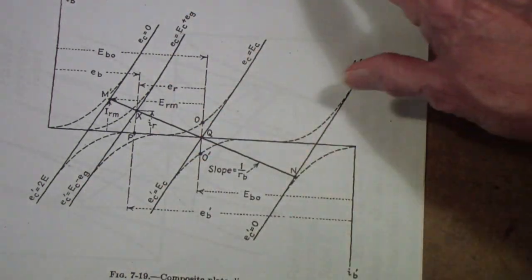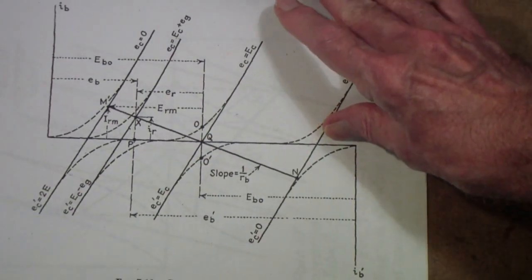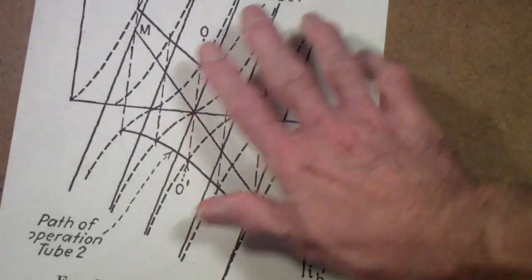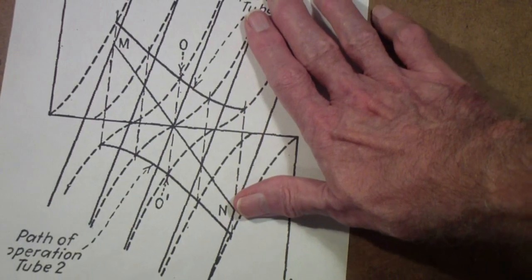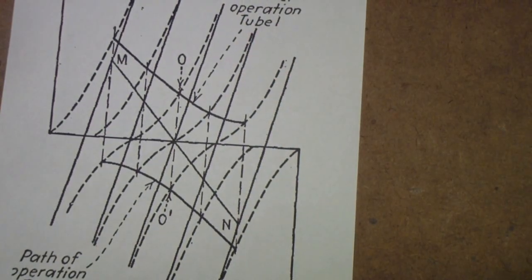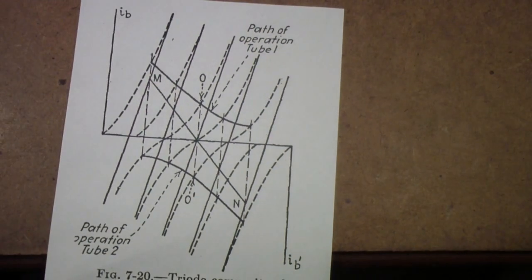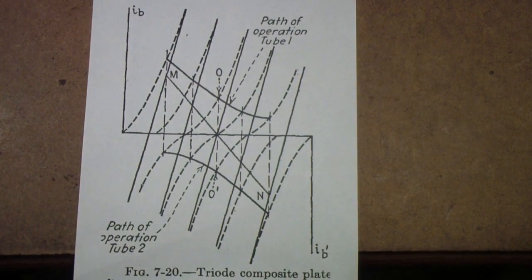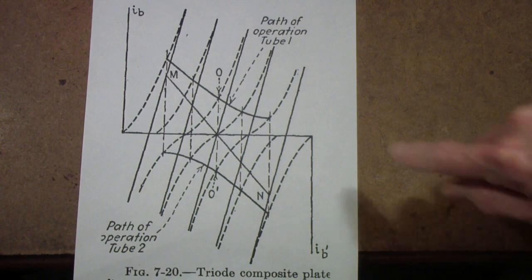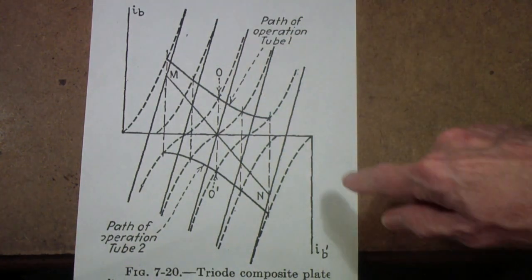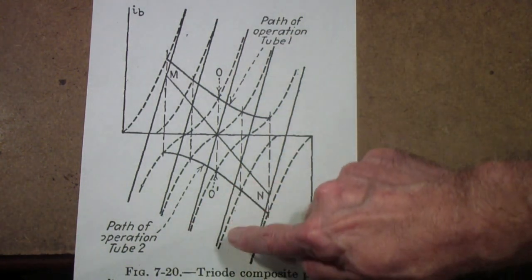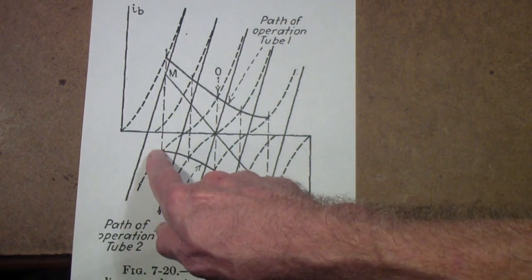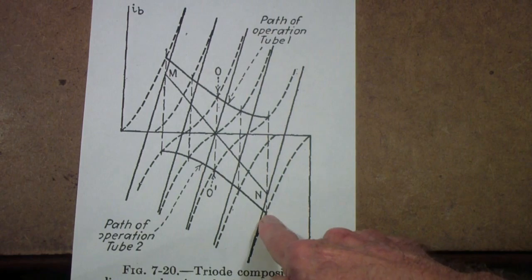Now, why would you want to do that? Let's take a look at the path of operation. Maybe we need to back off a little bit here. Now, this is for a triode, but the same thing is true of a pentode. The tube itself operates along this path.